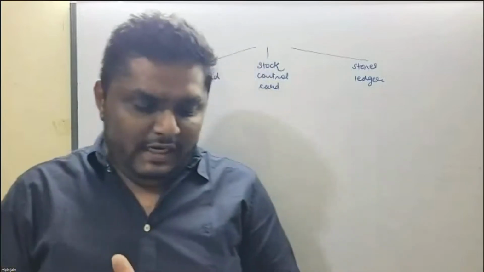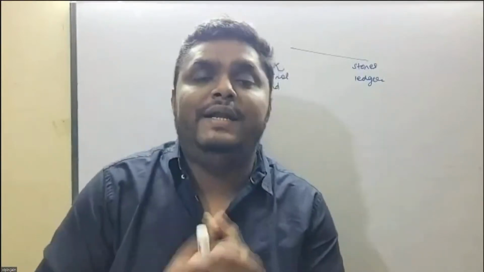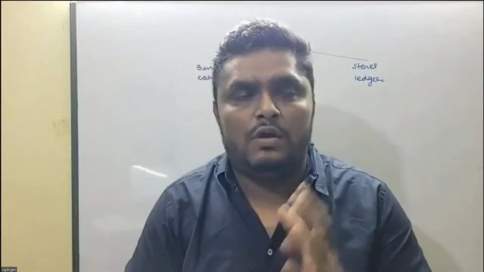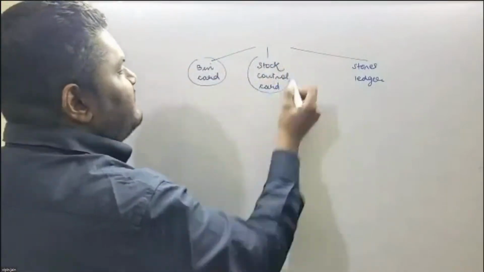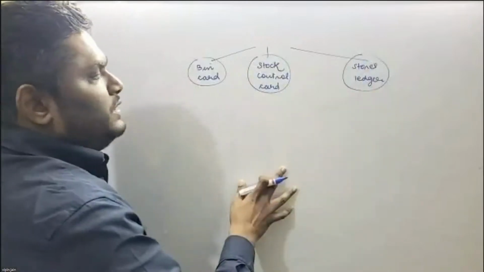We have started with the first part of this lecture, wherein we will be discussing what all records the company or the storekeeper has to maintain to ensure that there is no theft and misutilization or unauthorized utilization of stock. So herein, the company maintains three types of records, that is bin card, stock control card, and stores ledger.